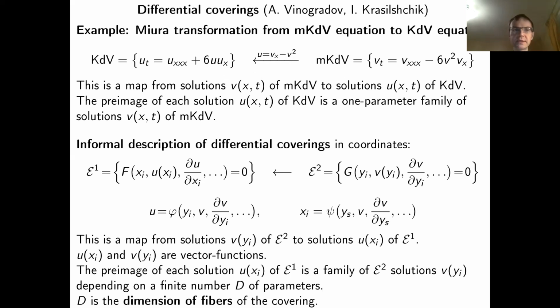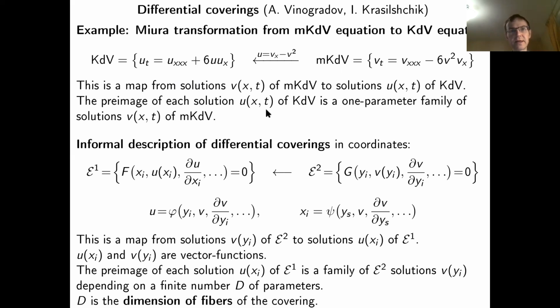So if v is a solution of mKdV, then u given by this formula satisfies the KdV equation. And right, this is the first property. So for any solution v of mKdV, u given by the formula is a solution of KdV.